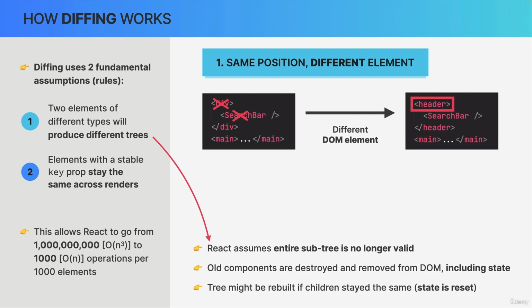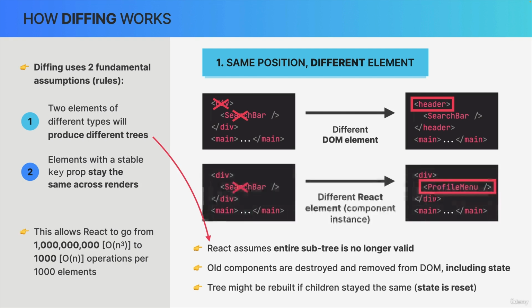Now, everything we just learned works the exact same way for React elements, so basically for component instances, as we can see in this second example. Here the search bar component changed to a profile menu component, and therefore the search bar is again completely destroyed, including its state, and removed from the DOM. Okay, so this is the first situation.